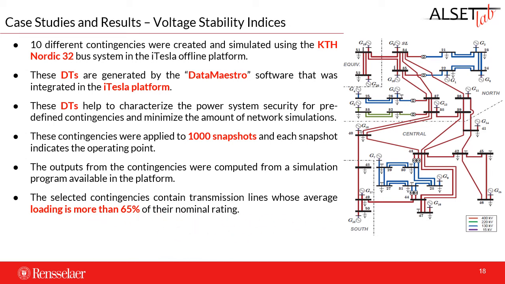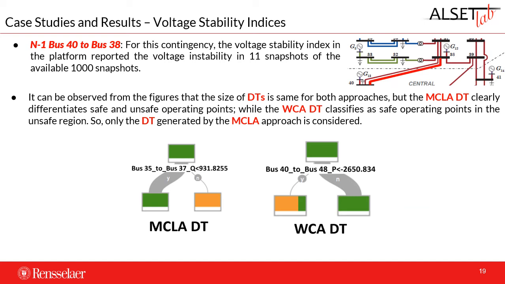So this is the way that we're evaluating the voltage stability index approach. To illustrate one of the scenarios here, we're going to consider the contingency where we remove this transmission line. And when removing that transmission line, we'll obtain a voltage instability in 11 out of the 1,000 snapshots that we have available. When we do the training and the testing, it looks like this.